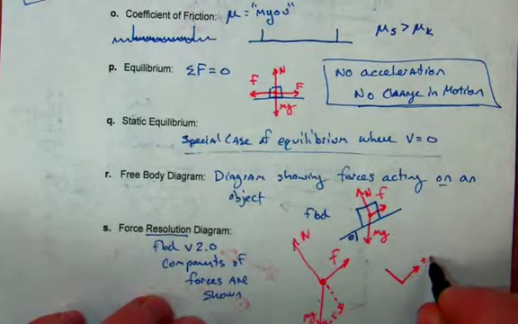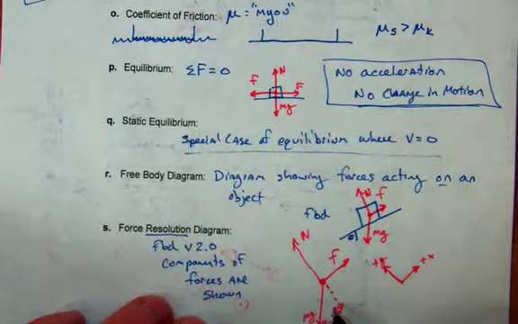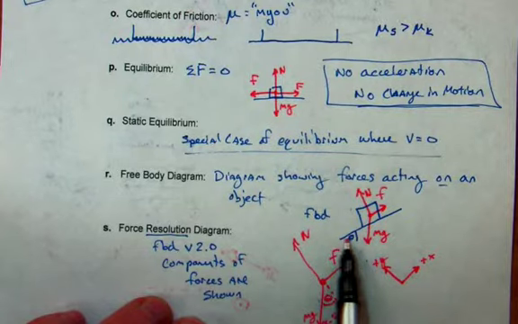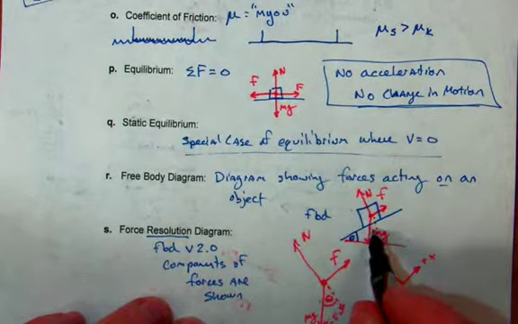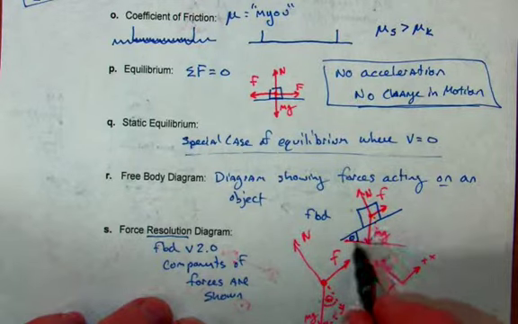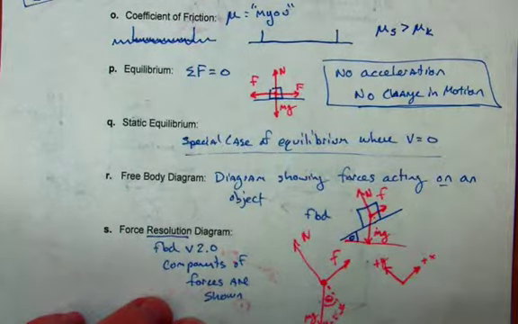Let's call this positive x. Let's call that positive y. So I can figure out what angle that is. And if you look at this diagram and you figure out what that would be, those two are equivalent angles. So that means that's theta, which means that this dotted arrow is mg cosine theta, and this is mg sine theta.